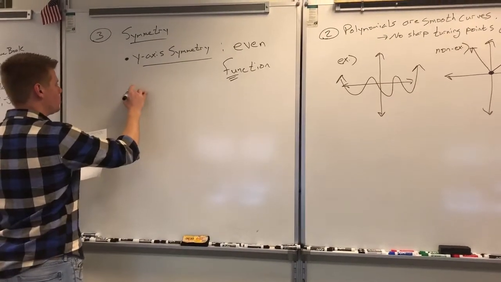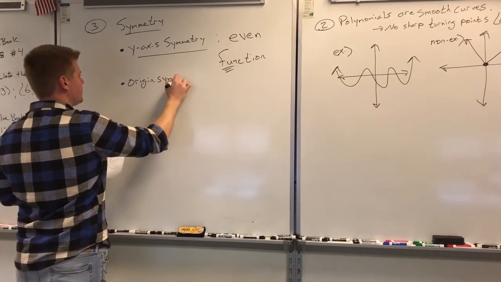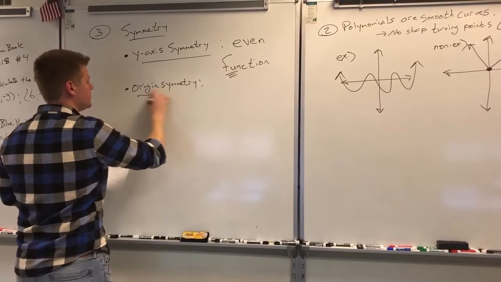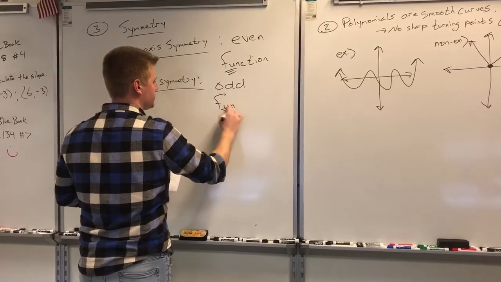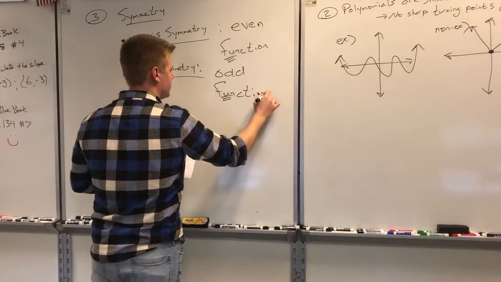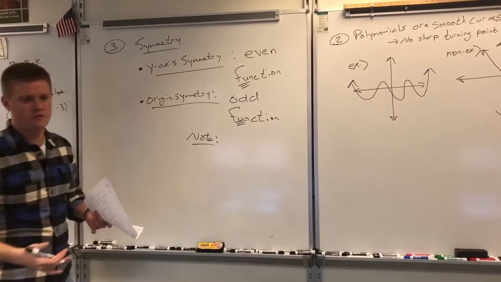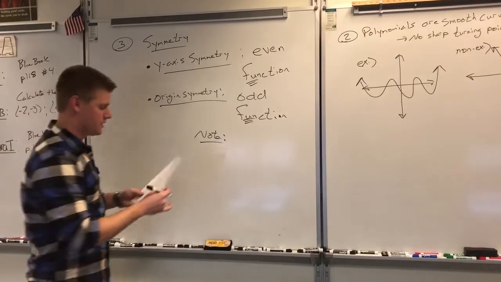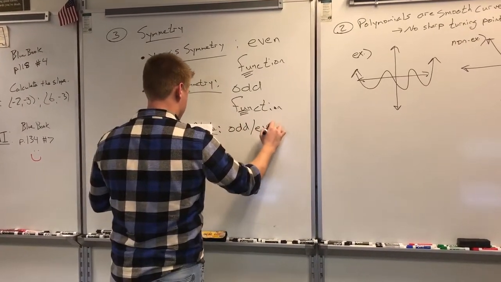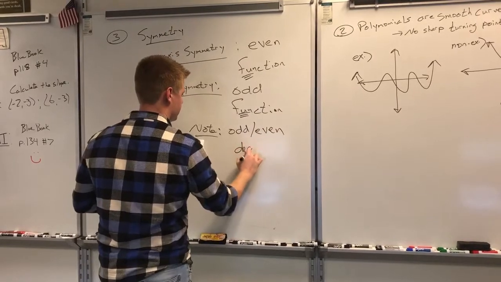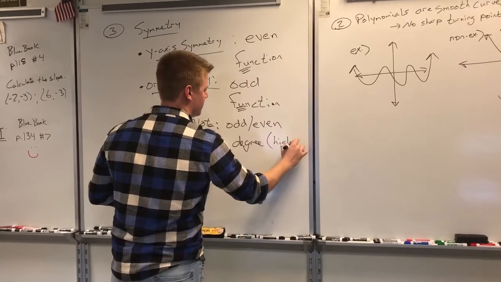If it has origin symmetry, I'm sure you can guess, this would be described as an odd function. And a note about this, when I say even or odd, what we're referring to is the degree of that polynomial. Okay, so odd or even degree, meaning highest power.